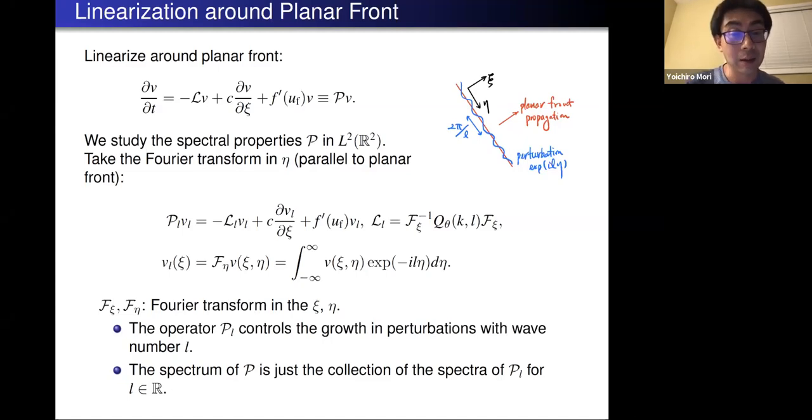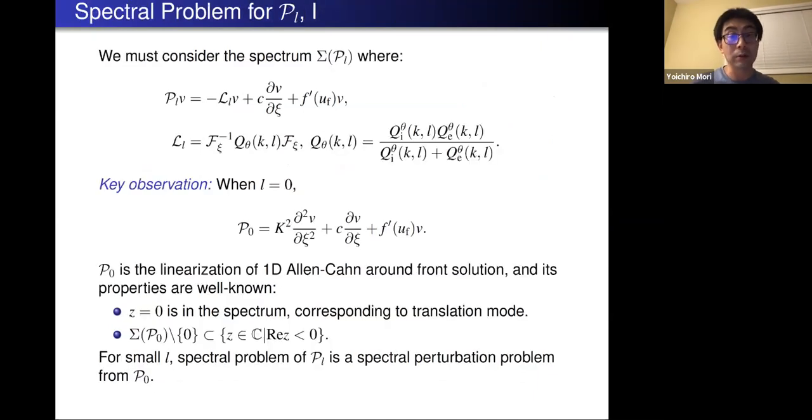So P_L is the operator here that governs the growth of the wave number L perturbations to the planar front, and in order to study the spectral properties of P, what we just have to study is the spectral properties of P_L. Okay, so this is what we have to study.